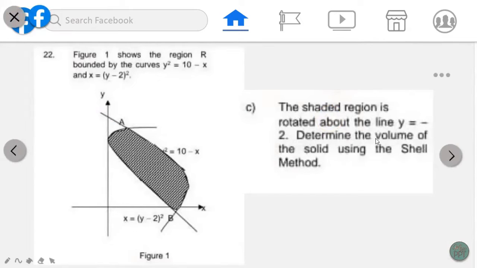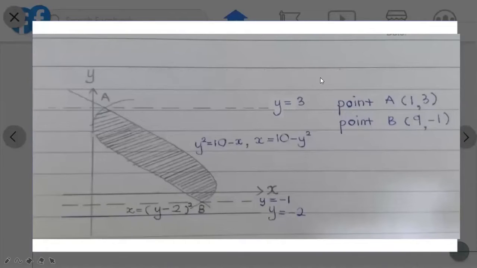Determine the volume of the solid using the shell method. So this is the value of k. This is the upper bound and this is the lower bound, which is y equal to -1. Then this is the value of k.